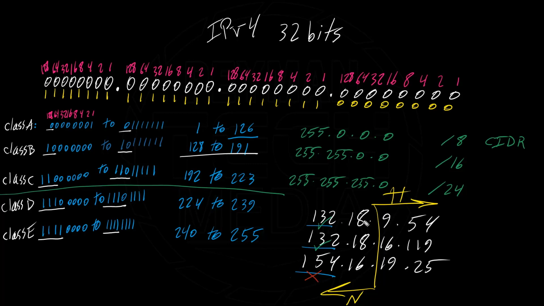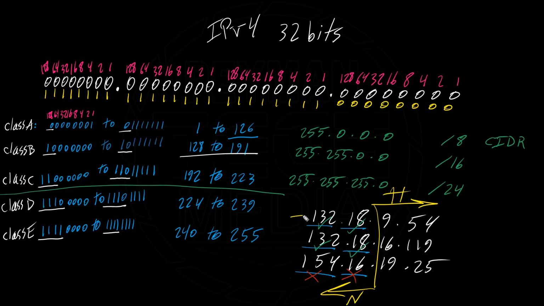Now let's move on to the second octet, because again in class B, the first two octets must match, right? 255.255.0.0. So far the first two IP addresses matched, this one not. And the second octet, 18, 18, 16. So this 18 matched with this 18, and this 16 is not matched.